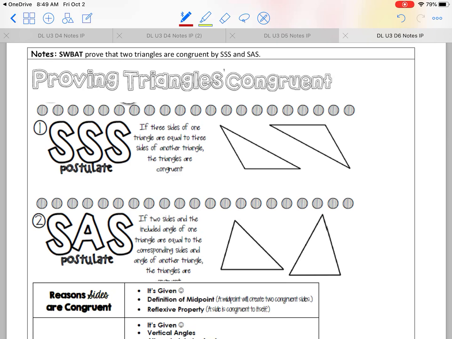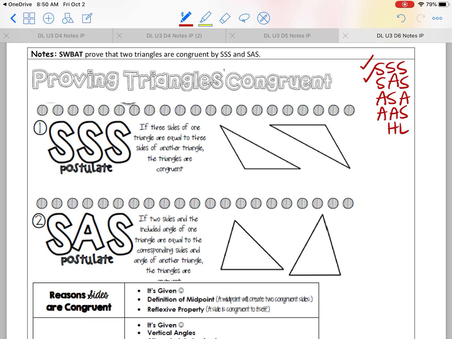Just want to let you know that there are 5 in total. The 5 shortcuts are the following: side-side-side, side-angle-side, angle-side-angle, angle-angle-side, and HL. Today we're just going to be focusing on the first 2.